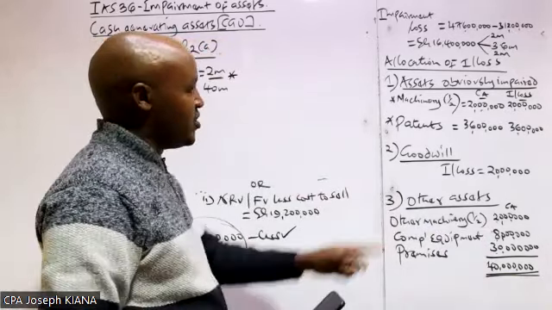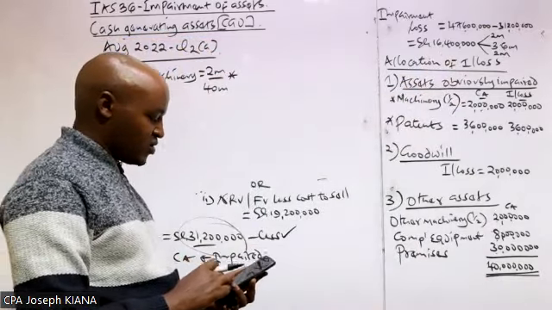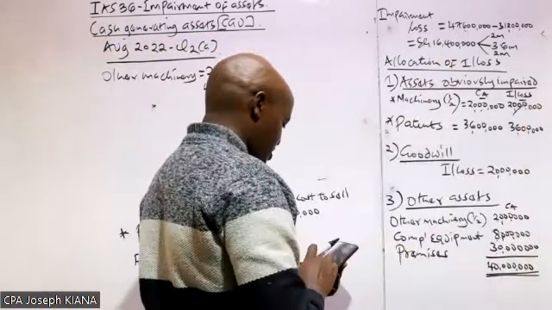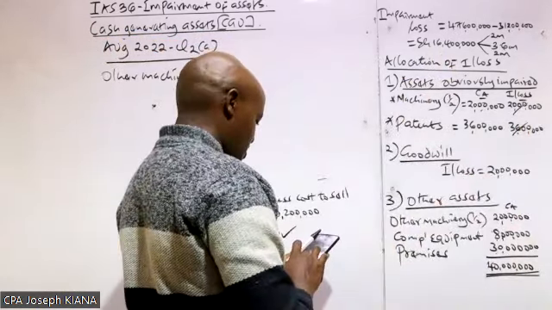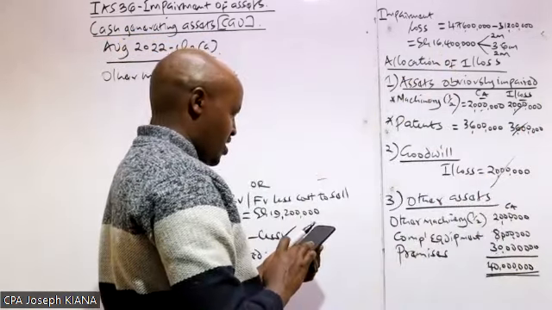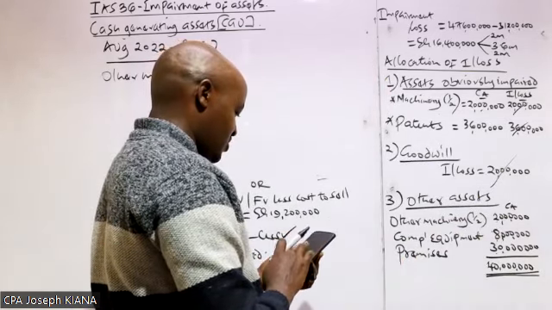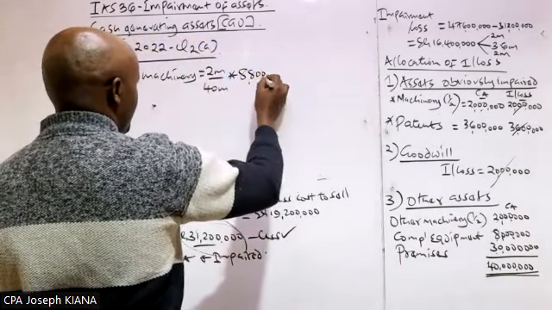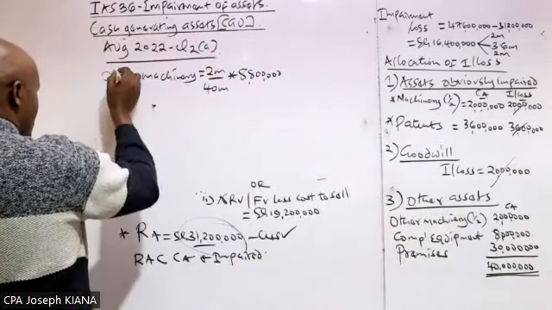Remember, our total impairment loss was 16.4, and out of that we have already allocated 2 million to the machinery, 3.6 million to the patent, and 2 million to goodwill. So the remaining impairment loss is 8.8. This 8.8 is to be allocated to these 3 assets based on their carrying amount.